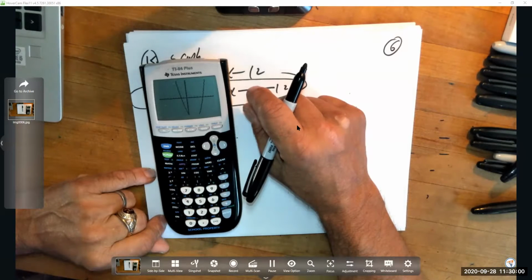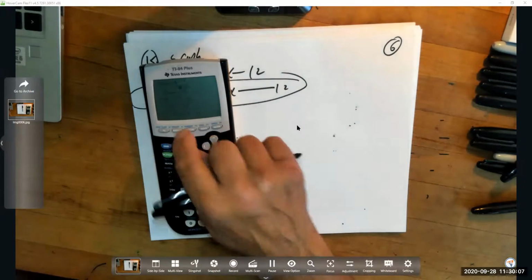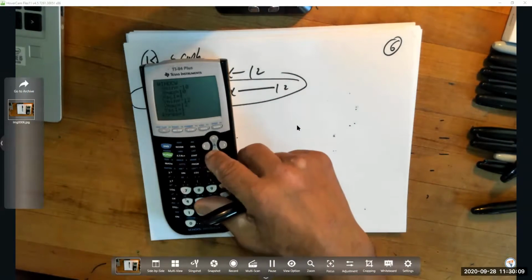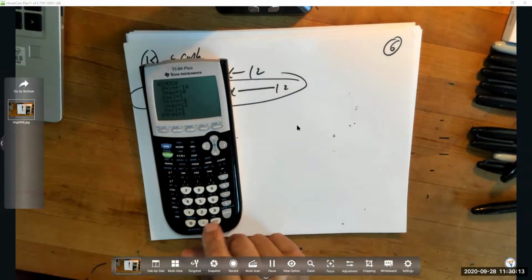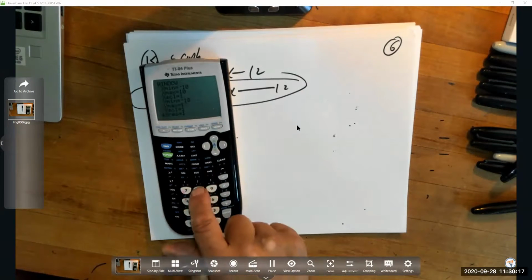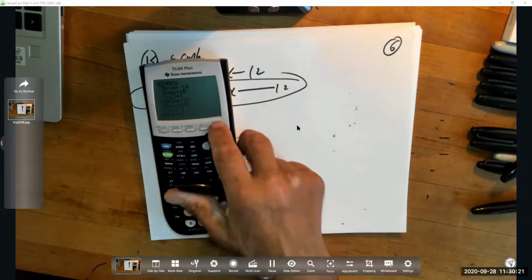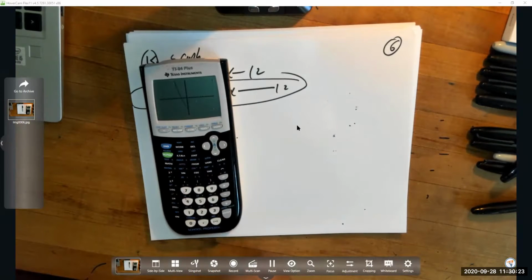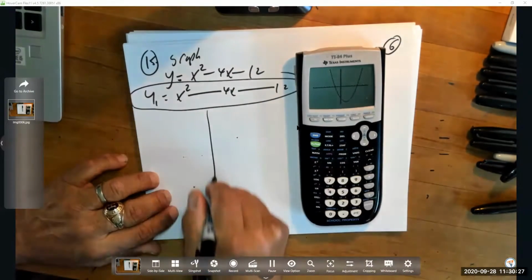All right, it's too big to fit. So let's go back to Window and change the 2 numbers, the numbers in the bottom. I'm going to change that to minus 18 and 18. Now let me hit graph, see if it's better. Oh, yeah, it's better.